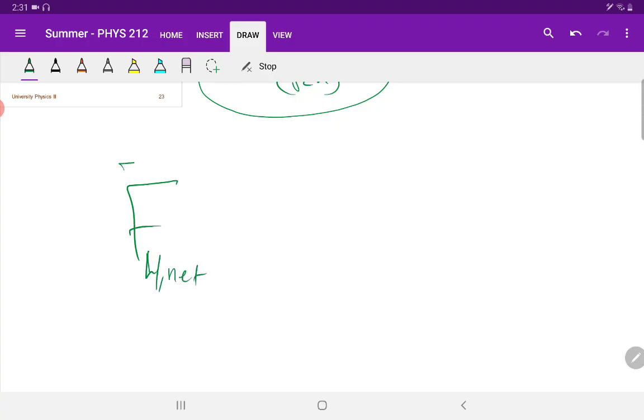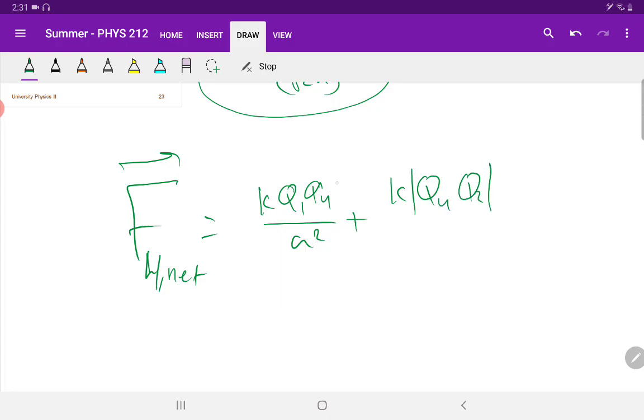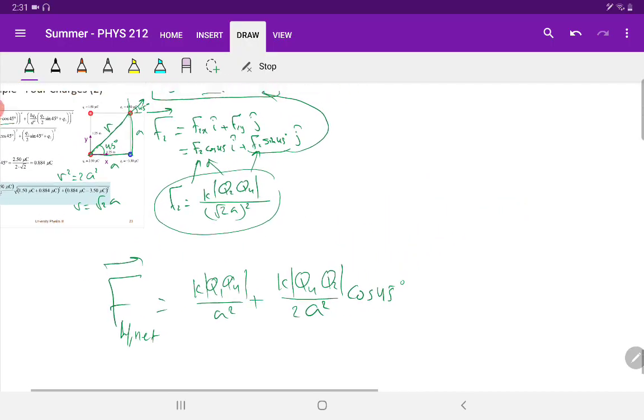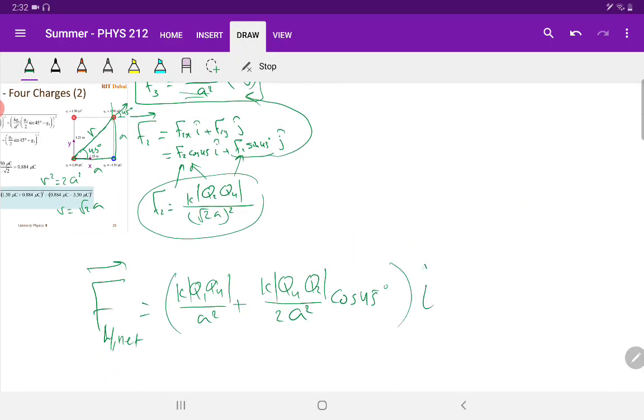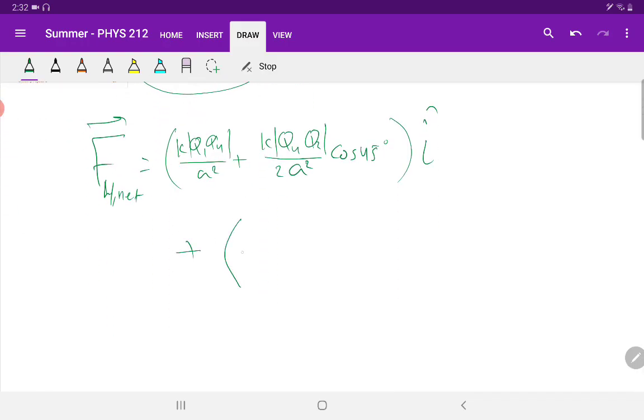So in this case, I can say that F4 net will equal K Q1 Q4 divided by A square plus K Q4 Q2, again absolute value, divided by 2A square, and that will give me cosine 45 degrees, and this is i hat, plus K Q3 Q4 over A square, and we have a minus sign here.